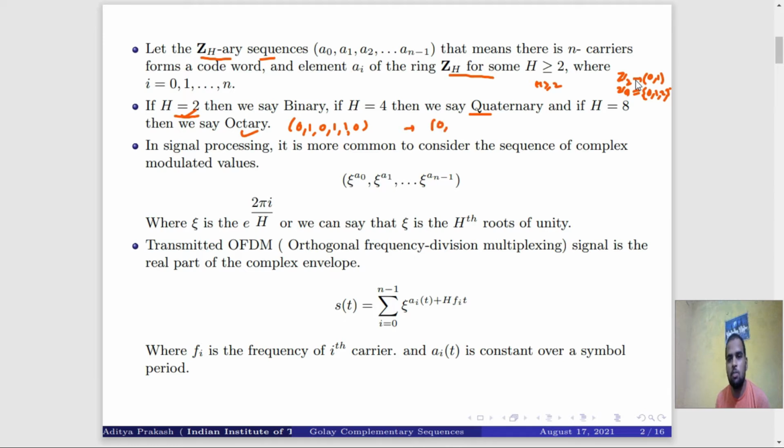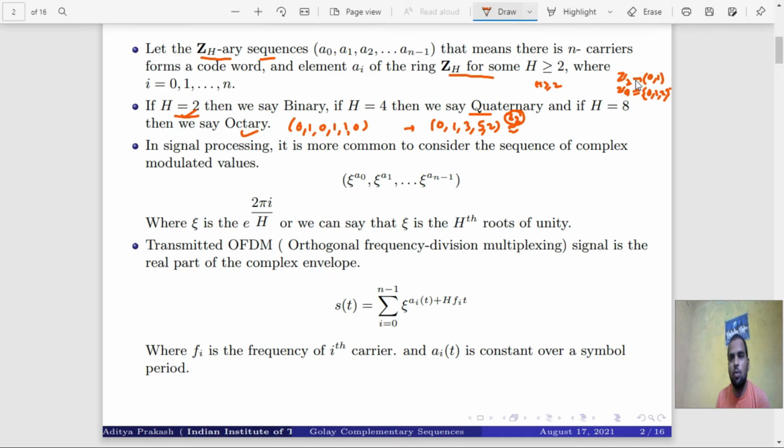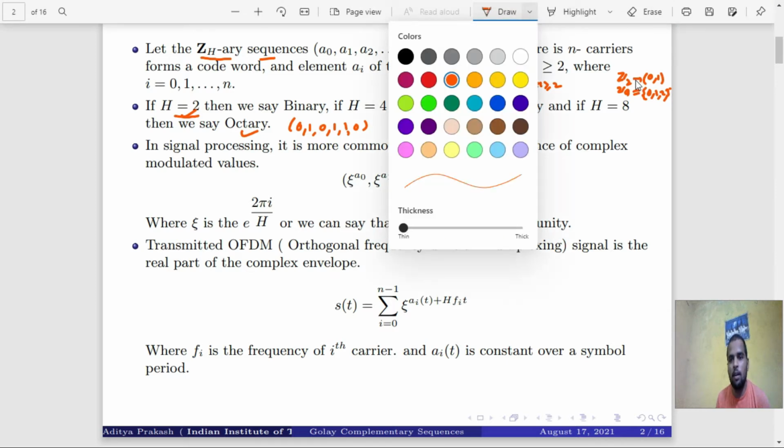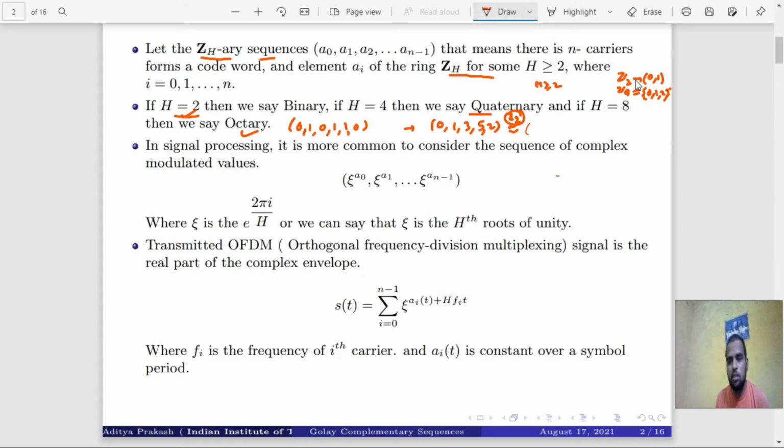Suppose we take the sequence 0 1 3 5 2 in Z2. Then the entries become 0, 1, and the remainder 1, 1, and the last term will be 0.